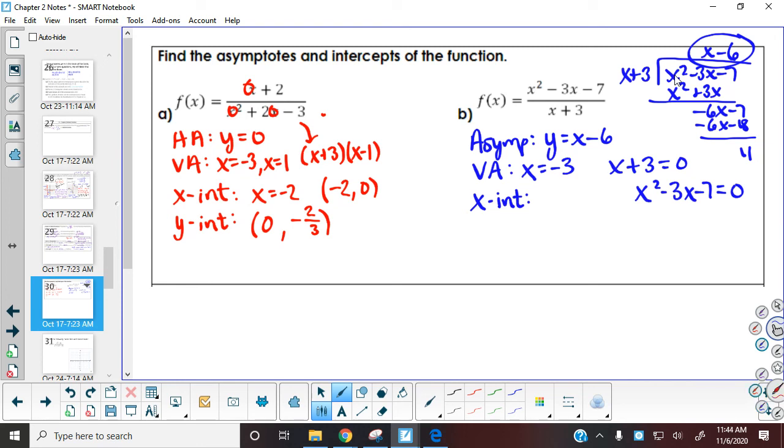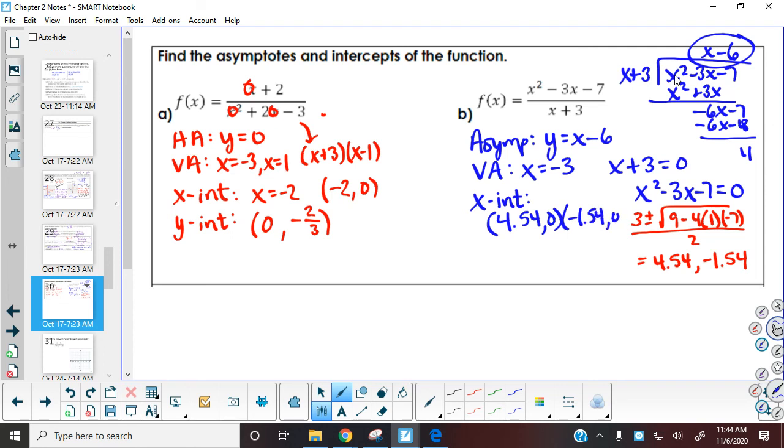You've got x equals the opposite of b, plus or minus the square root of b squared minus 4a times negative 7, all over 2a, which will simplify, if you do the decimals, to approximately 4.54 and negative 1.54. Okay, so your two x-intercepts then will be 4.54, comma 0, and negative 1.54, comma 0.